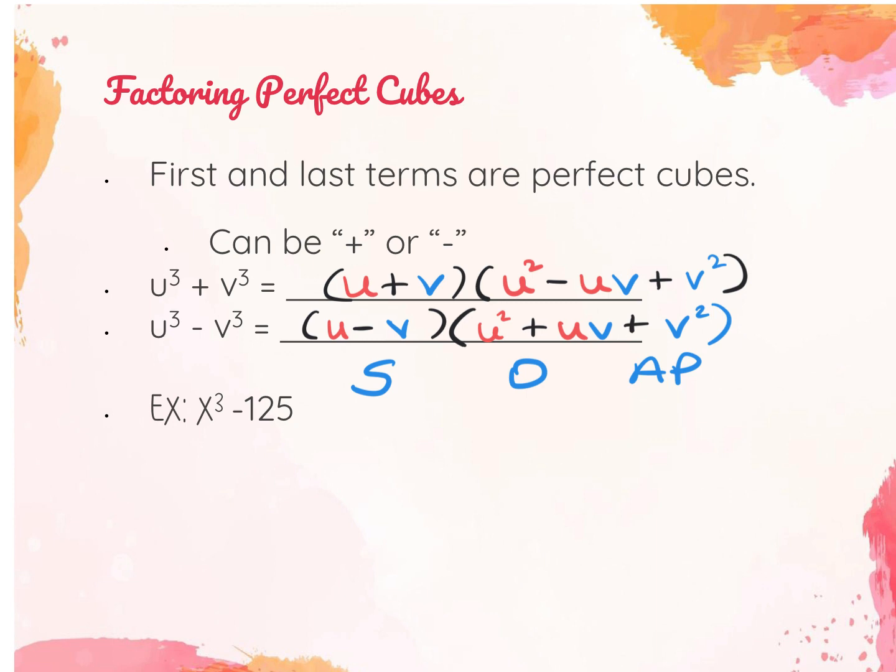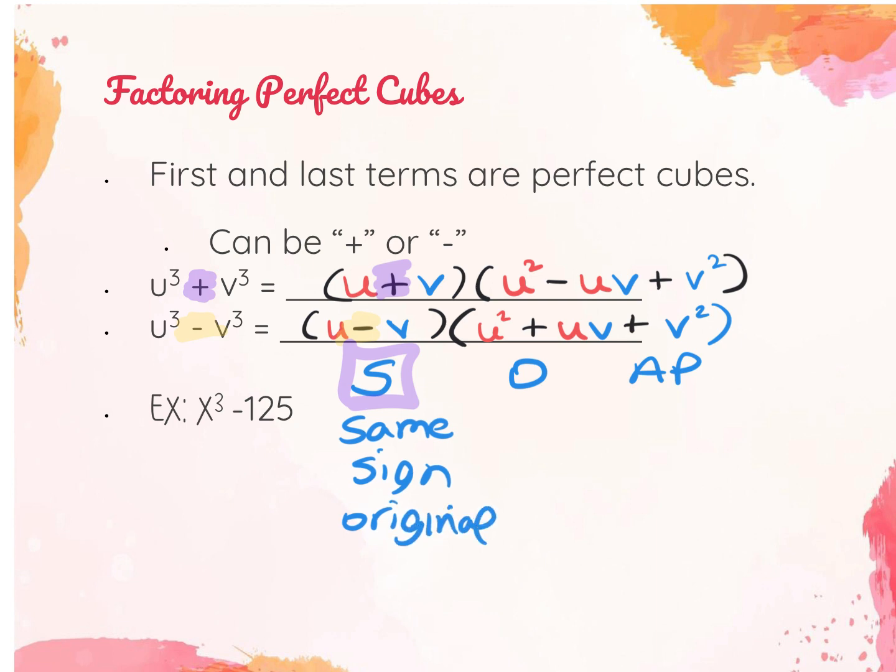Notice this first one had an addition sign. This one had a subtraction sign. So the first binomial gets the same sign as the original.